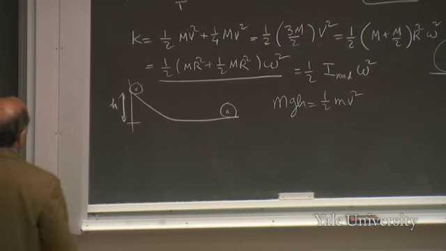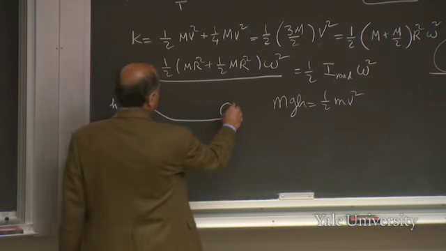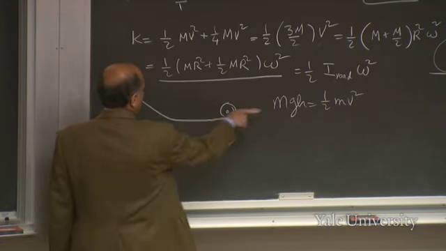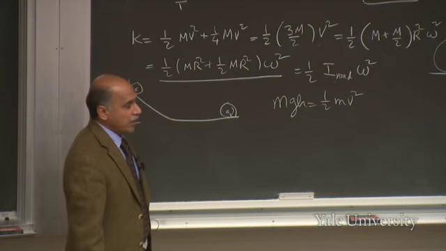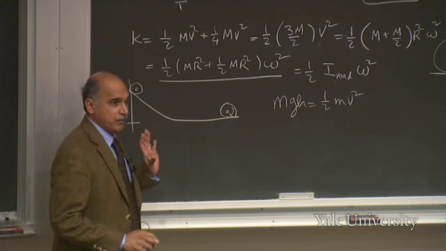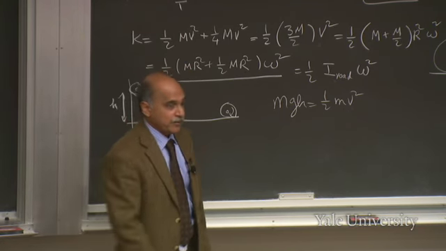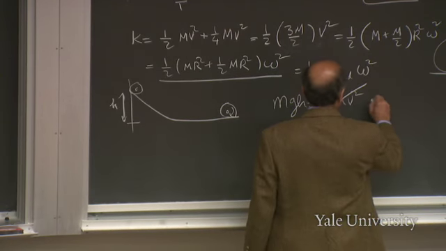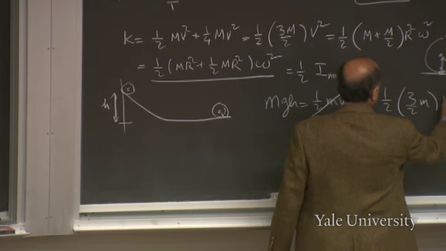But if it is a cylinder rolling without slipping, and it comes here, the center of mass cannot move at this speed, because it's got to be a lower speed so that the rotational energy plus translational energy will add up to mgh. So this must be equal to the total kinetic energy, and I've solved it for you guys. You remember that. You have to write 3 over 2 m v squared.